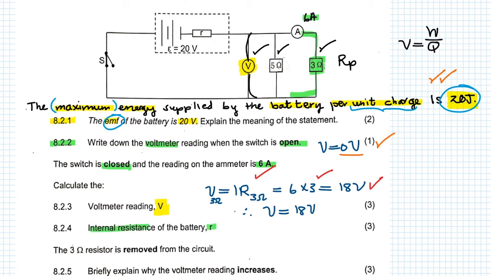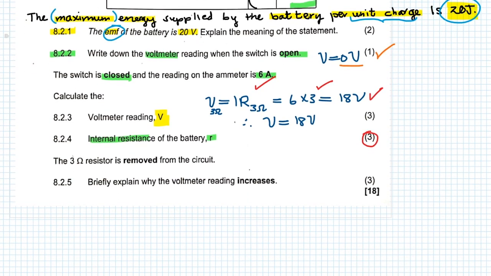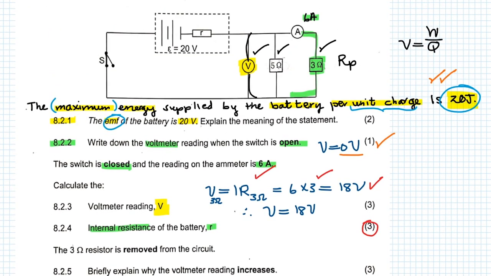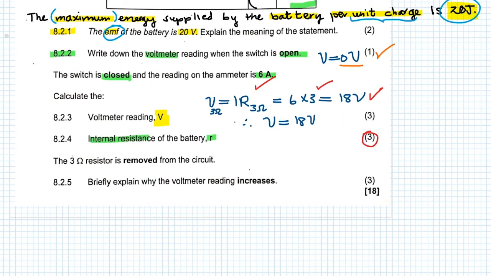We are trying to find r. Now I know that this question is only out of 3 marks, but it actually requires quite a lot of calculation in order to determine the final answer. We are looking for the internal resistance over here. And we know that the formula that includes internal resistance is the EMF is equal to I multiplied by the load plus the internal resistance.